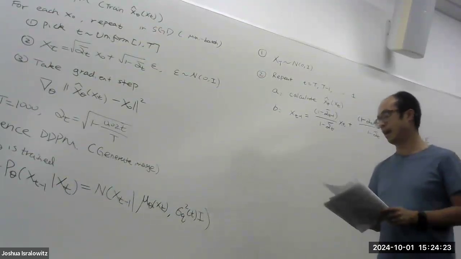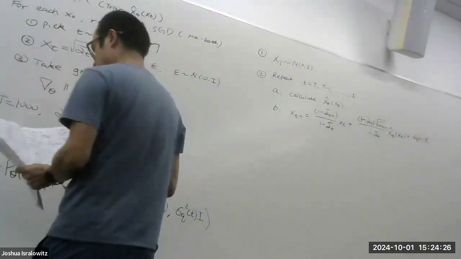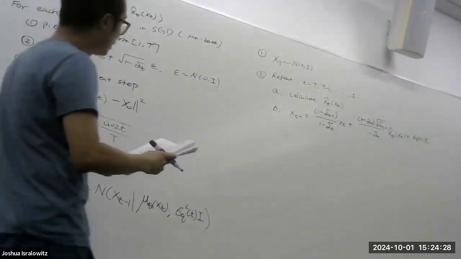And this epsilon is a standard Gaussian noise. So these are the steps.